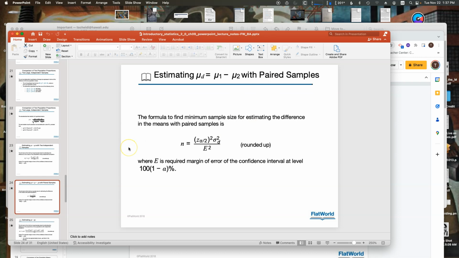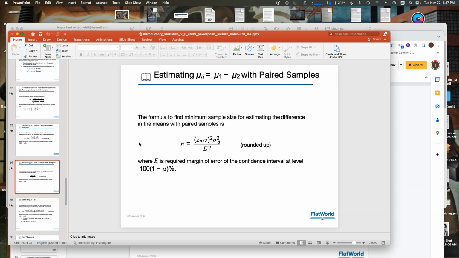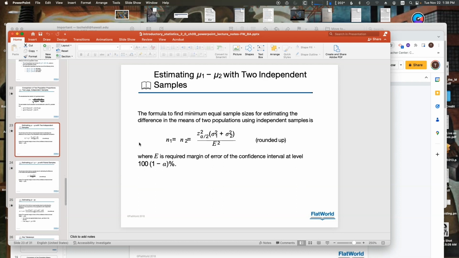And putting that together with, again, finding our minimum sample size for the difference in the means for the paired samples as opposed to our independent samples.